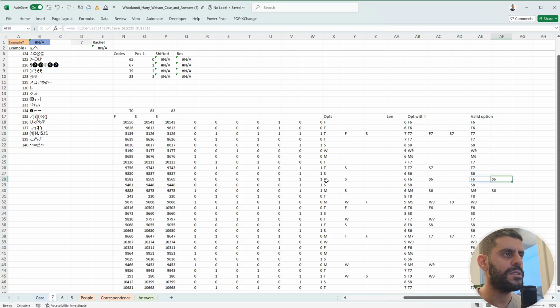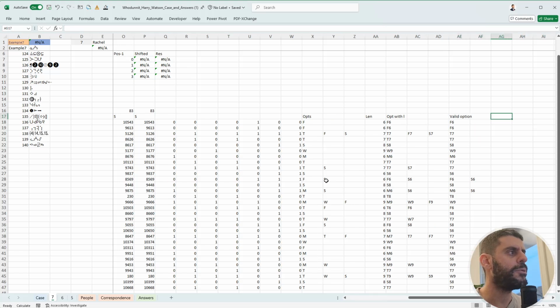Okay, unfortunately I still have some double options here. And now I can find the shifts.